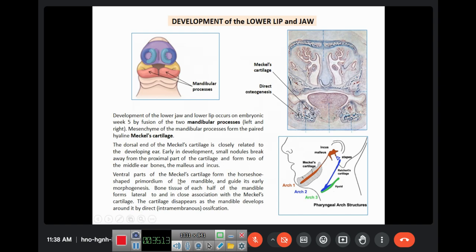The ventral part of the Meckel cartilage forms the horseshoe-shaped primordium of the future mandible and guides its early morphogenesis, and the other portion of the Meckel cartilage makes the two bones of the middle ear, malleus and incus.